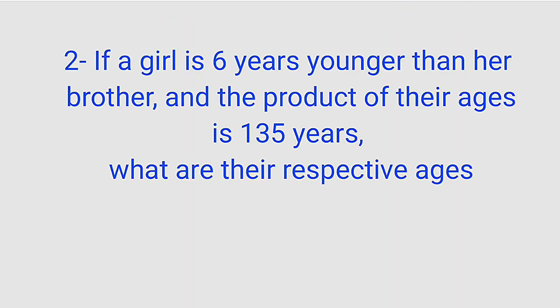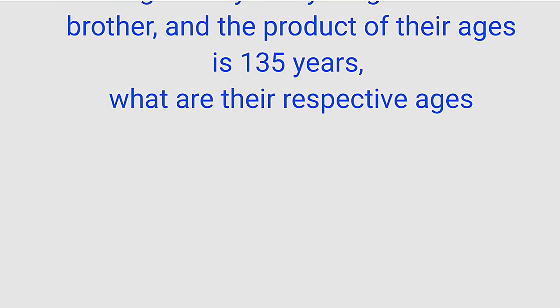So now let us take the second question. The question reads, if a girl is 6 years younger than her brother and the product of their ages is 135 years, what are their respective ages? We don't know the age of her brother, so let his age be x again.